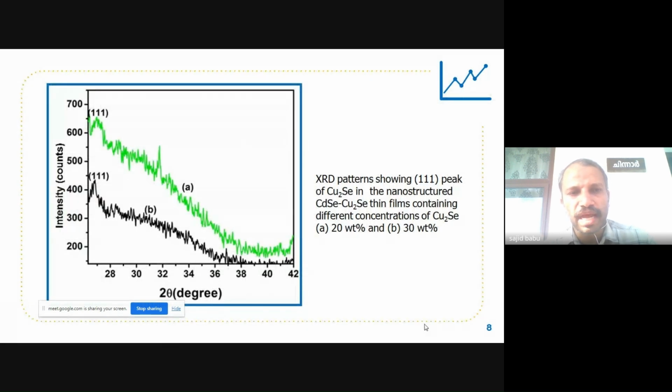This is an enlarged image of the 111 reflection, which shows that the intensity of the 111 reflection of the Cu2S peak increases with the weight percentage.